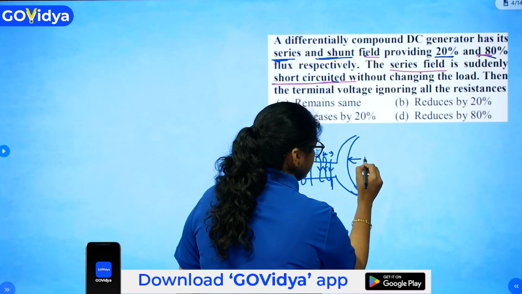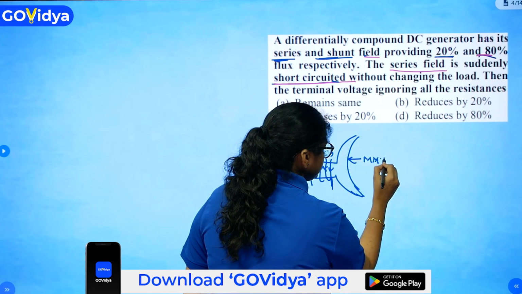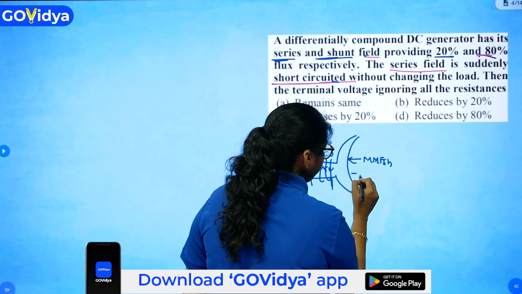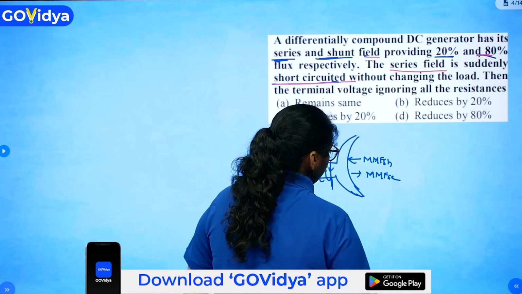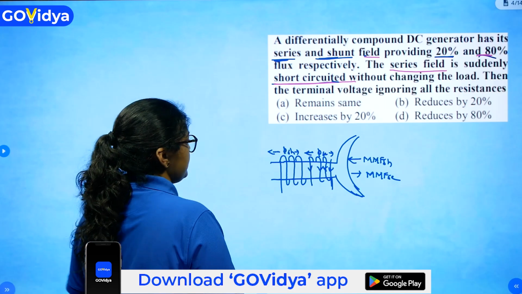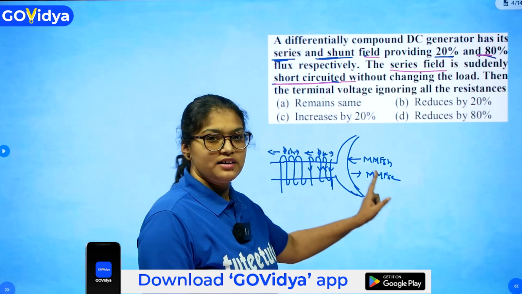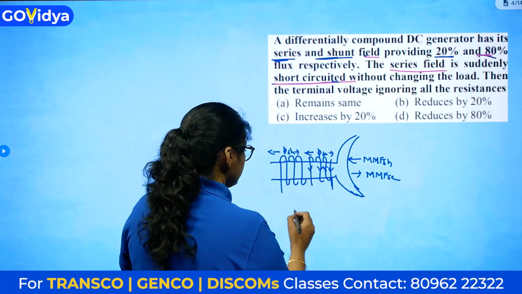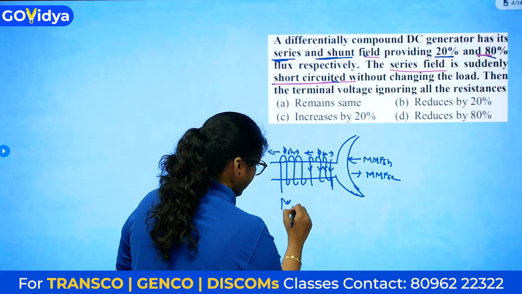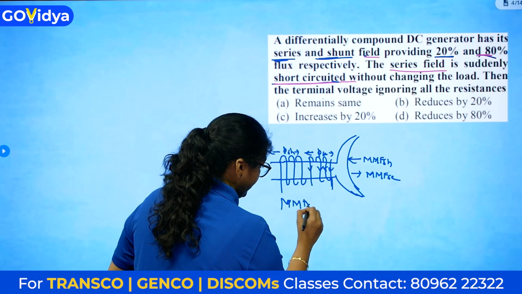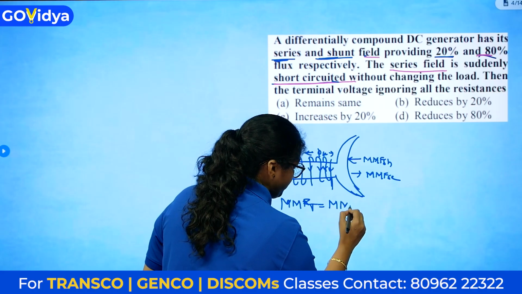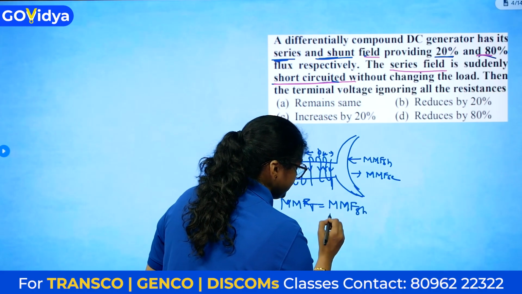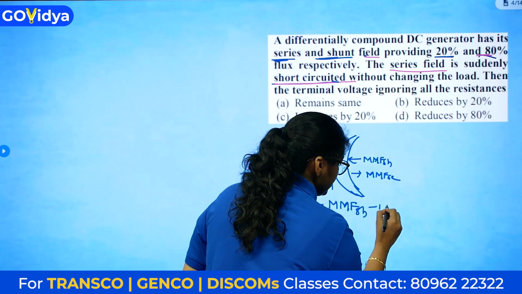And this is the shunt MMF, and this is the series MMF. Here we are taking the difference of both the shunt and the series. Clear? So I can write total MMF is the difference of both, shunt MMF minus series MMF.